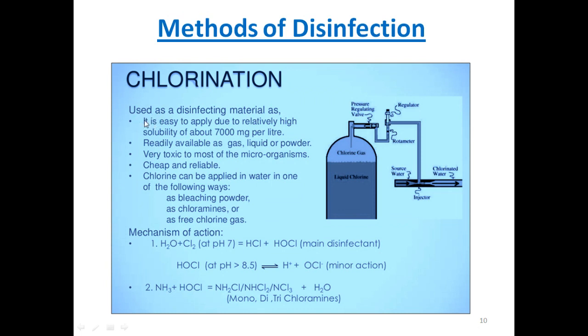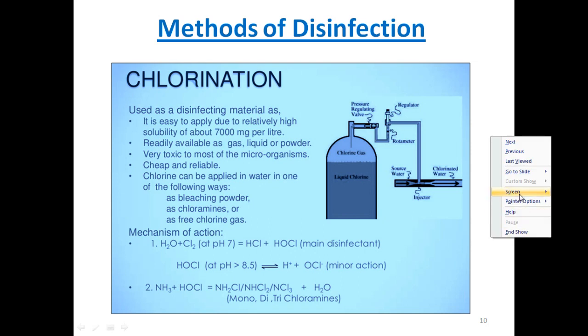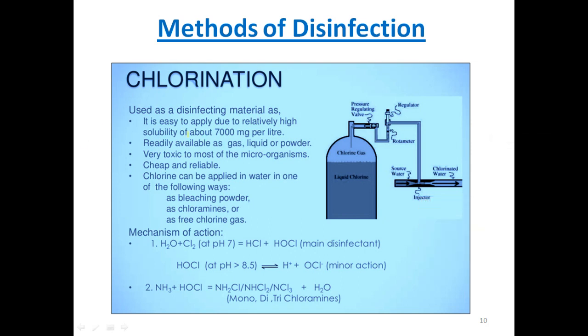Chlorine is used as a disinfecting material as it is easy to apply due to relatively high solubility in water, about 7000 mg per liter. It is readily available as gas, liquid or powder, very toxic to most microorganisms, cheap and reliable.